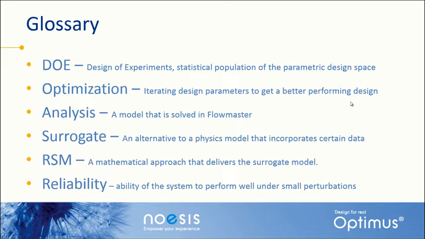An analysis is simply a model that's solved in Flowmaster. And a surrogate is an alternative to a physics model that incorporates certain data. Typically, this data will be a response surface model, or an RSM. The RSM is a mathematical approach that delivers the surrogate model, and we will explain more about the RSM a little bit later. And finally, we will finish the case study with a very short discussion about reliability. When we refer to reliability, it's the ability of the system to perform well under small perturbations.